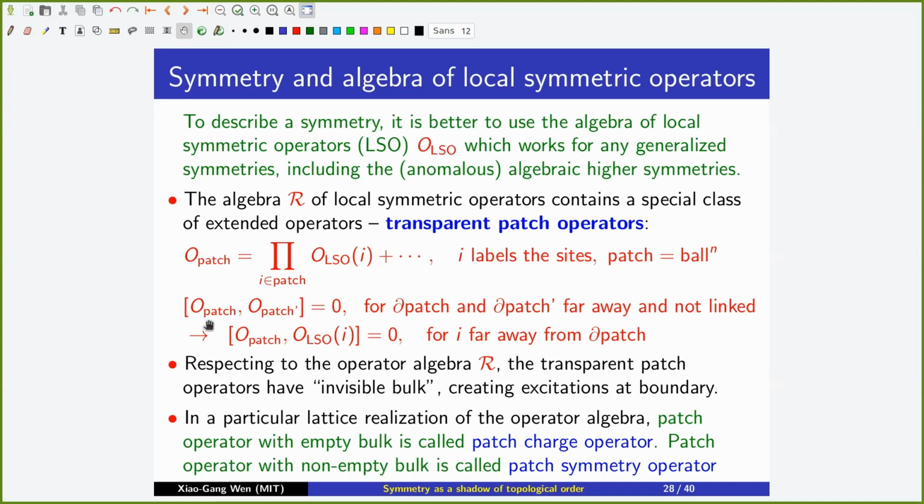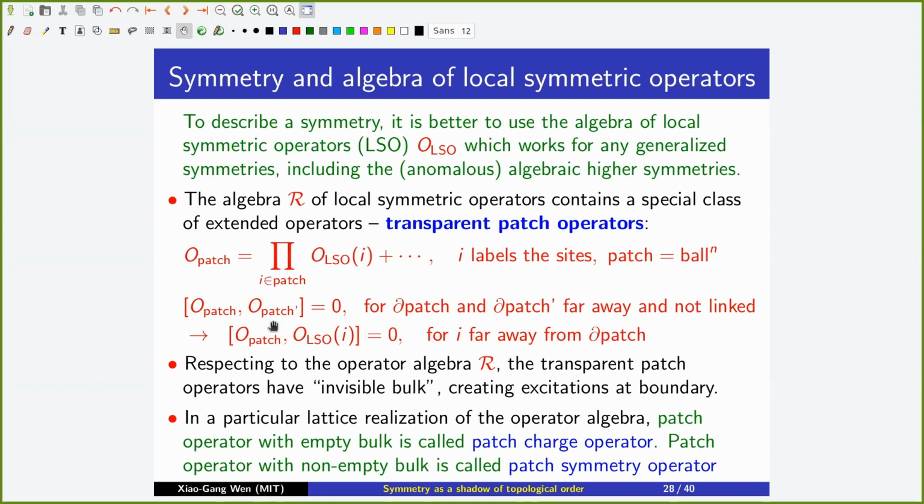Therefore, this condition implies that the patch operator commutes with every local symmetry operator if the location of the local symmetry operator is far away from the boundary of the patch. So this relation means transparent. Certainly, the first relation is stronger.